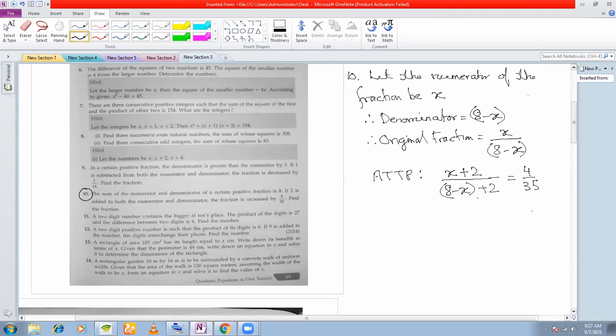Okay, this will give us our equation. The fraction is increased by 4 by 35, it does not become 4 by 35. So let's write the new fraction then.